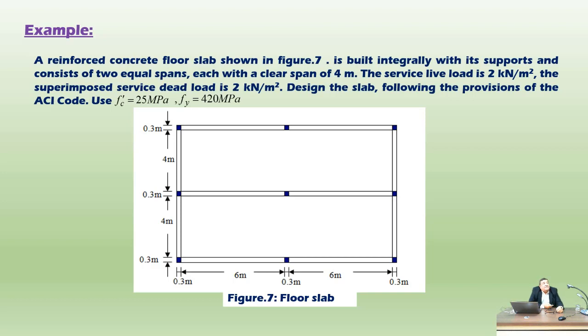Design the slab following the provisions of the ACI code. Use f'c equal to 25 MPa, fy equal to 420 MPa. Figure 7 shows the floor slab which is to be designed according to ACI code requirements.